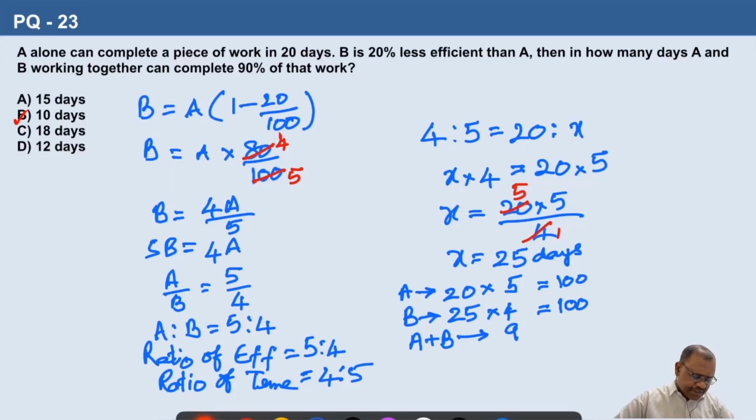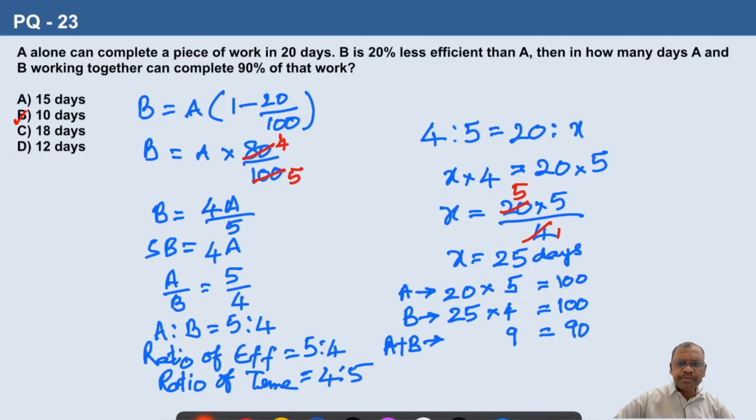So 90% of the total work. Total work is 100. So 90 will be A plus B. The total efficiency is 9. 90% of 100 is 90.